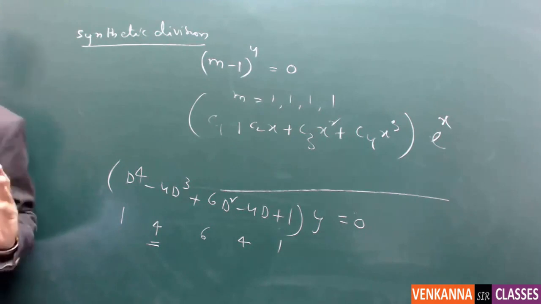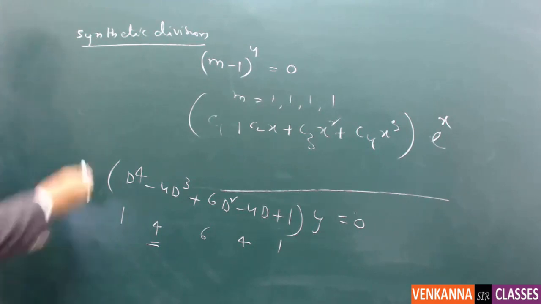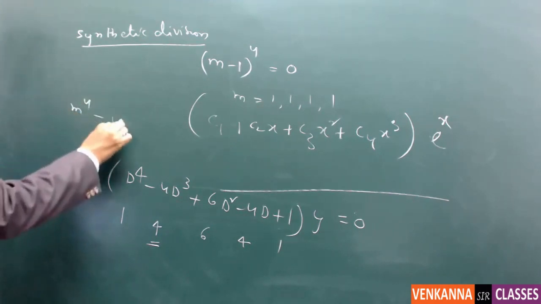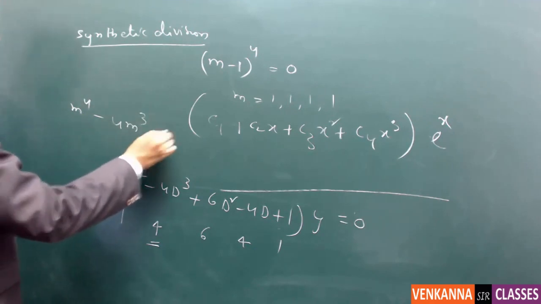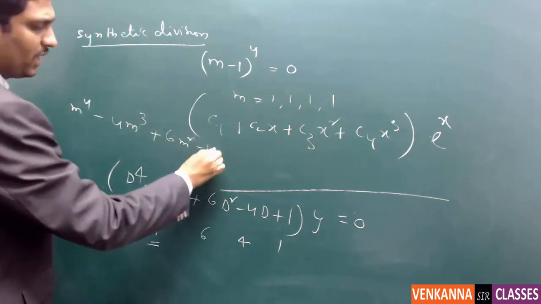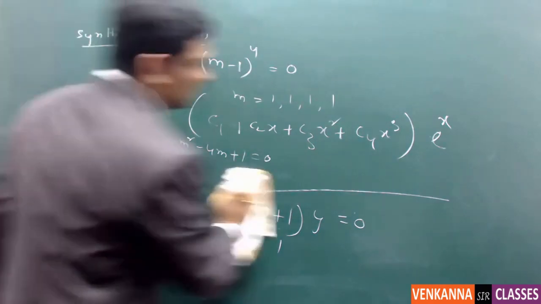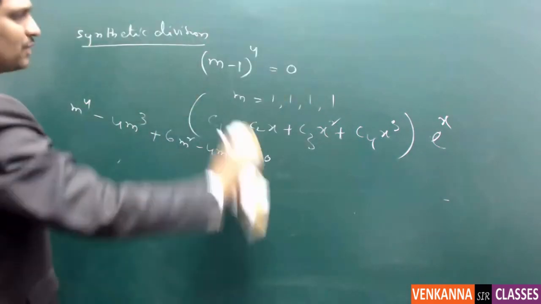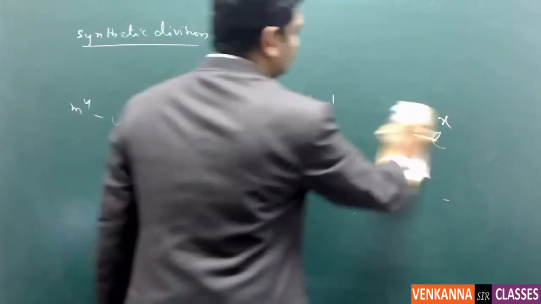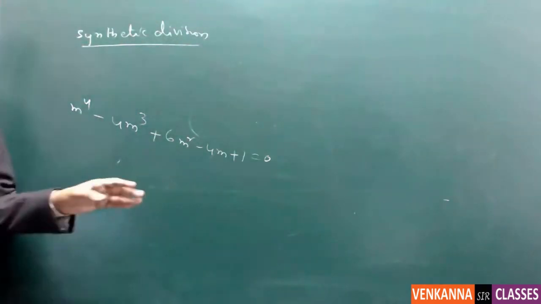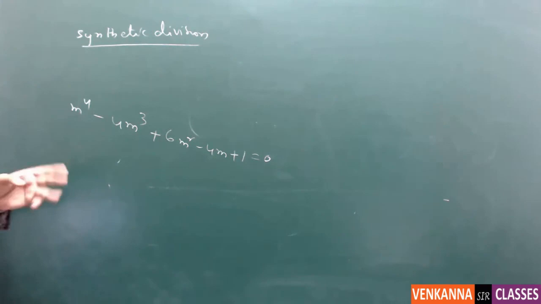So in the algebraic equation, m power 4 minus 4m cubed plus 6m squared minus 4m plus 1 equal to 0, you have to substitute numbers randomly, one after the other. Substitute +1, -1, +2, -2, +3, -3, etc., so that you find at least one root of it.